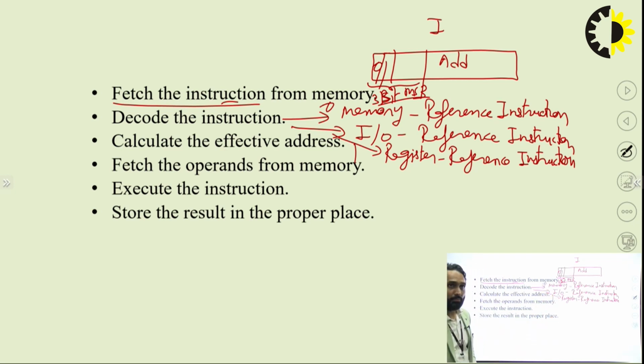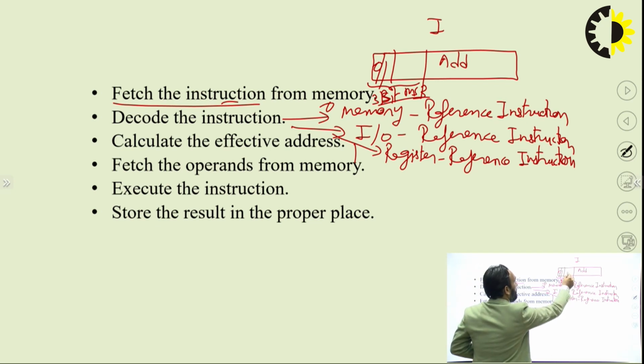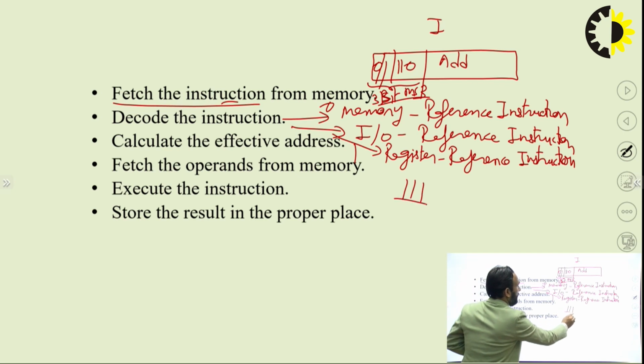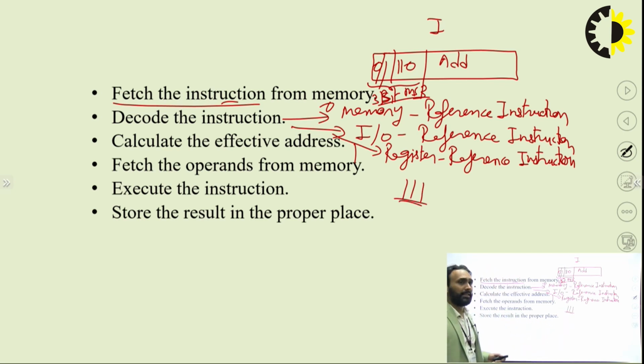After that, it is subdivided into other parts, like the register instruction is 111, and if we have three ones, that represents a register instruction. It is a part of the instruction cycle. If you want to go into detail, go through the flow chart of the instruction cycle, in which we decode an instruction.